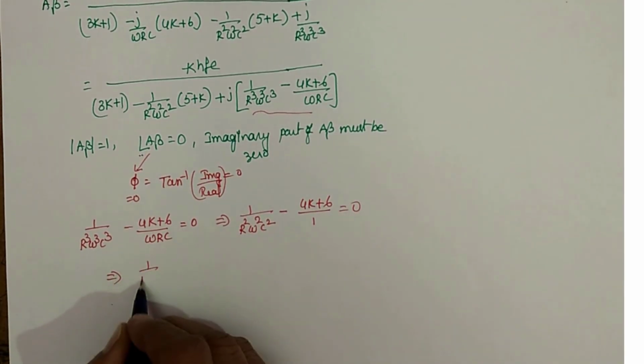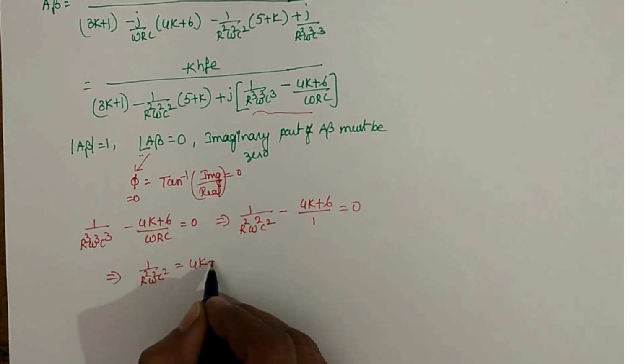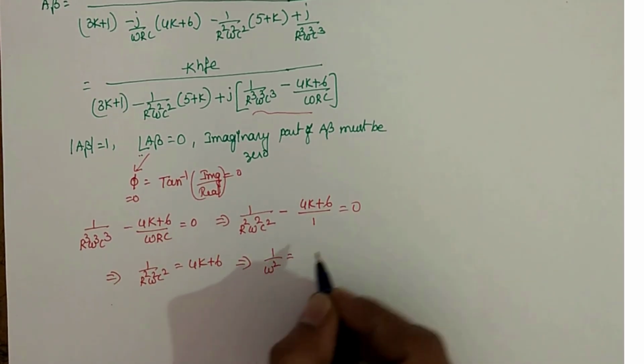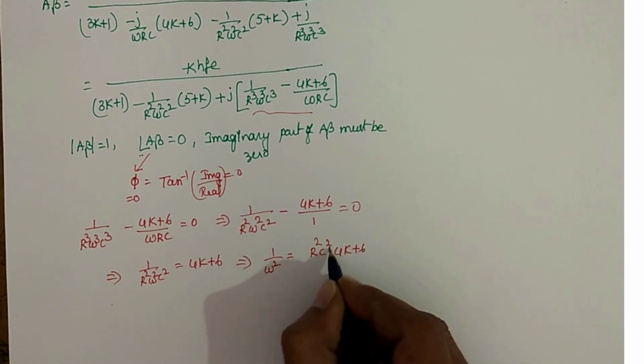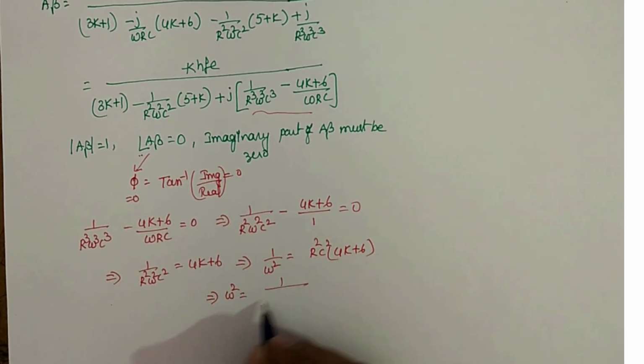So 1 by r square c square omega square is equal to 4k plus 6, or 1 by omega square is equal to r square c square into 4k plus 6. So omega square is 1 by r square c square of 4k plus 6. So omega is 1 by, you can take root, rc into root 6 plus 4k.